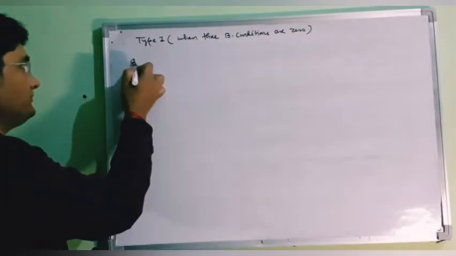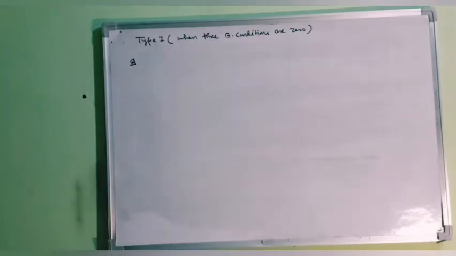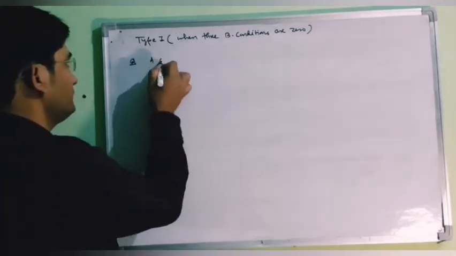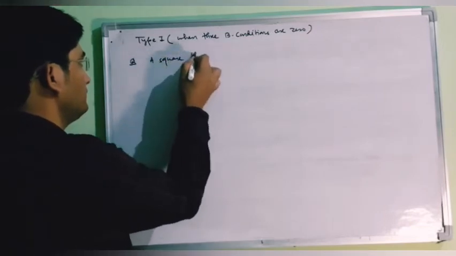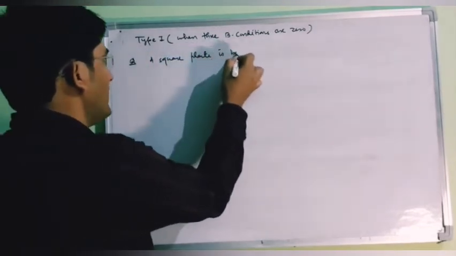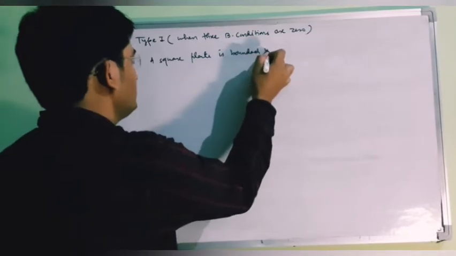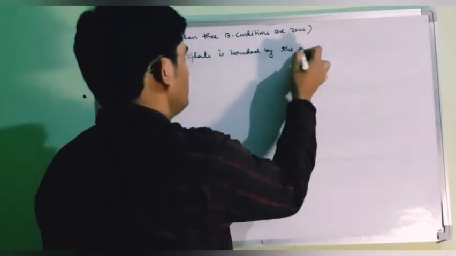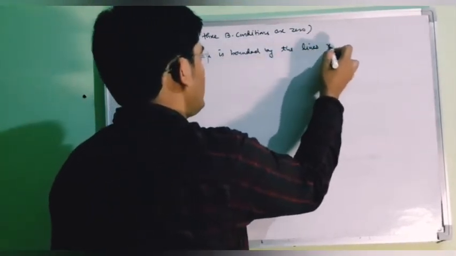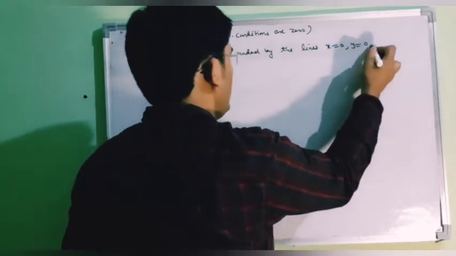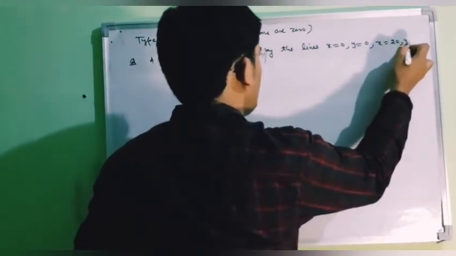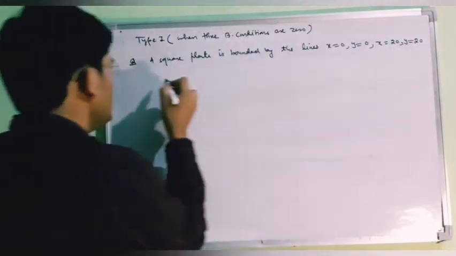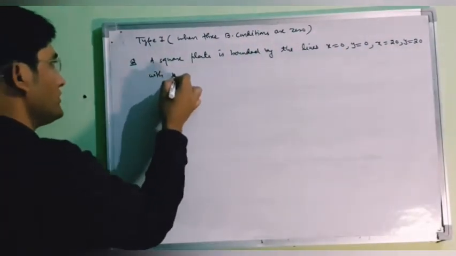So question: a square plate is bounded by the lines x equal to 0, y equal to 0, x equal to 20, y equal to 20 with insulated sides.